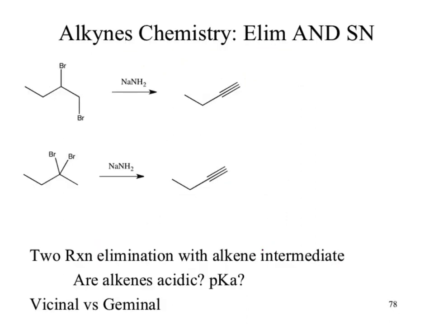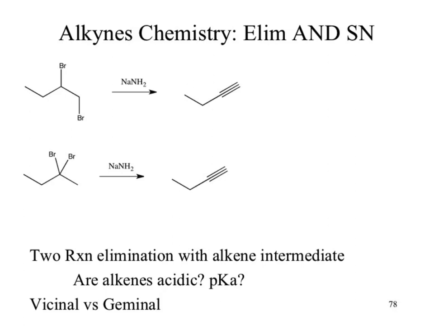One more thing before, I don't know why I didn't show the other one first, but oh well. If we take a look at these two reactions, what happened? What kind of reaction happened in both of those situations? They're eliminations.